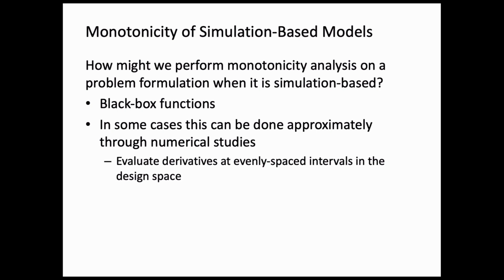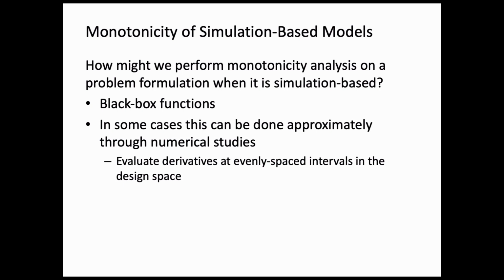Maybe we explore the design space at evenly spaced intervals and look at how the function changes, whether the objective function or constraint function, depending on what we are investigating. And that can help reveal the nature of these functions, even if it does not give us a complete picture.